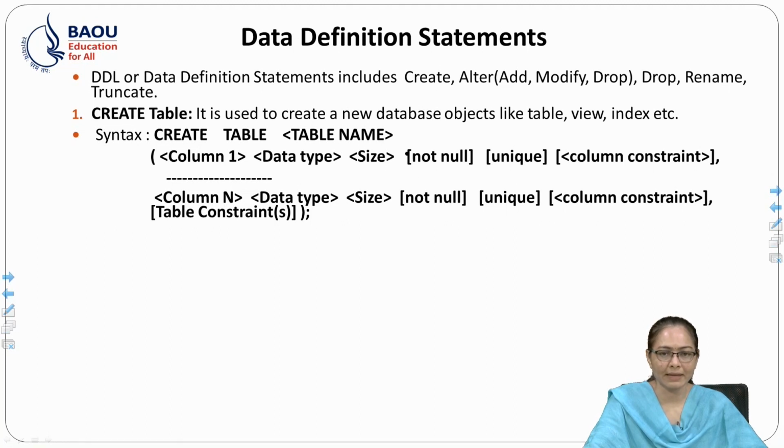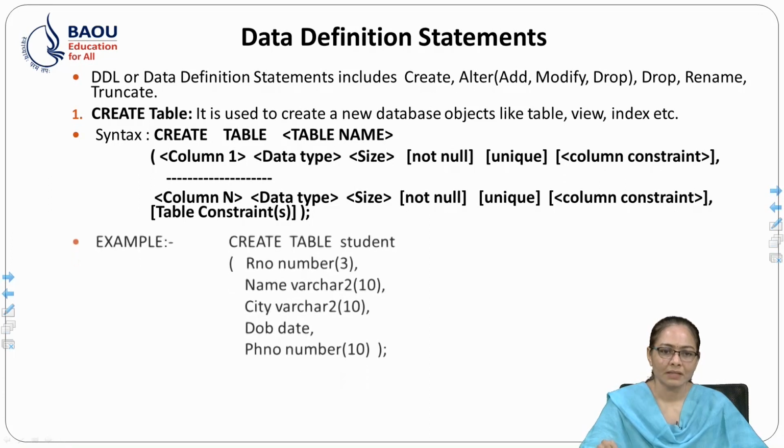The square brackets are optional and the round brackets are compulsory. After that, when the command is completed, a semicolon is used. The number of columns is presented in these opening and closing brackets.